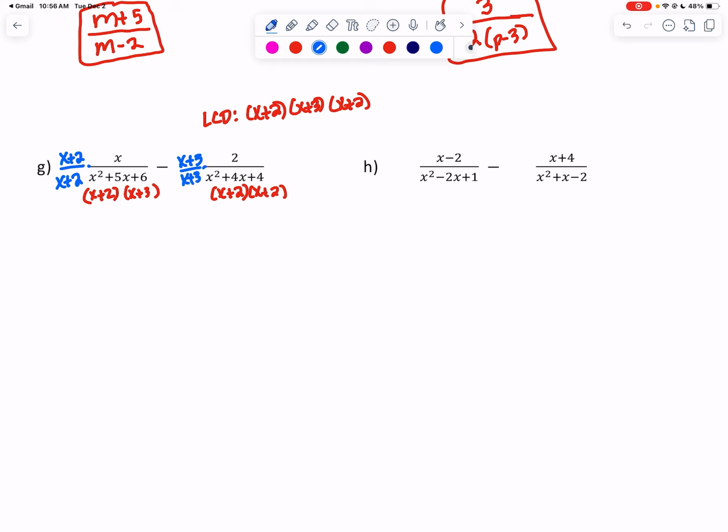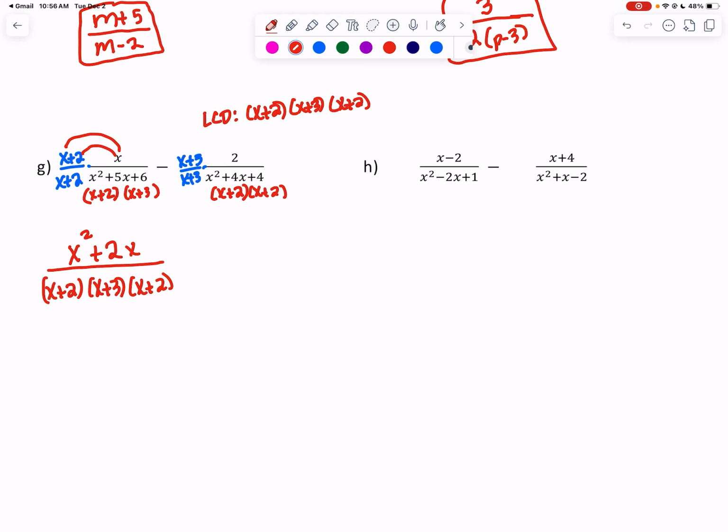All right. Now, first fraction, we're going to multiply x times the x plus 2. So when we do that, we get x squared plus 2x over our LCD, which was x plus 2, x plus 3, x plus 2.